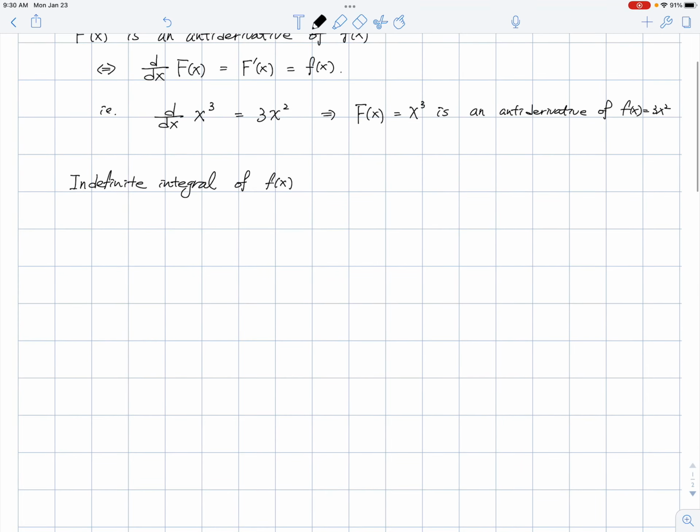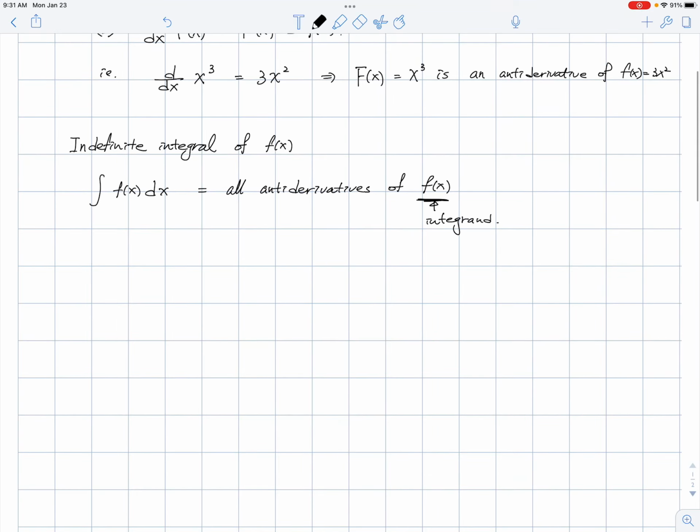Okay, so now this is saying, if I use this notation, the very slim long S, f of x, when I use this notation, then it returns all antiderivatives of this function, little f of x. And this little f of x has a name. It's called the integrand.